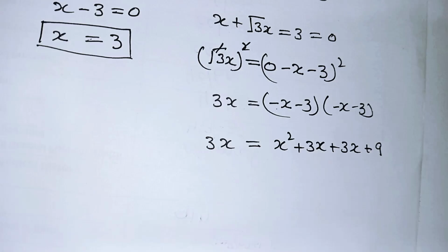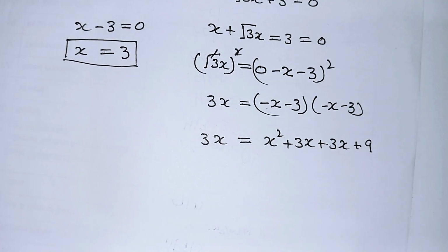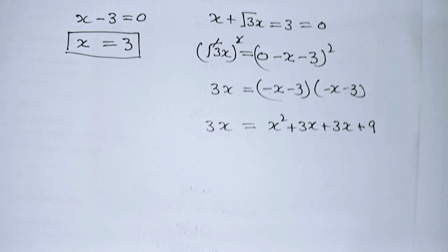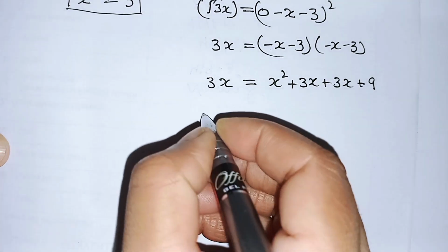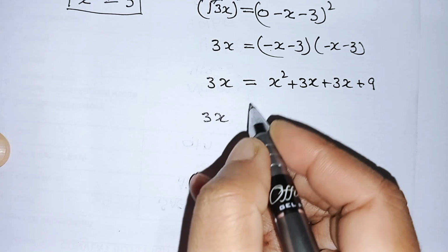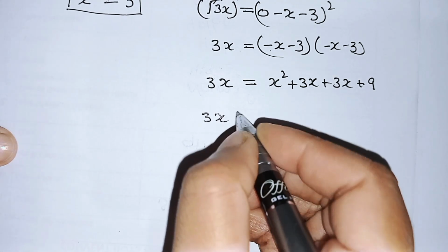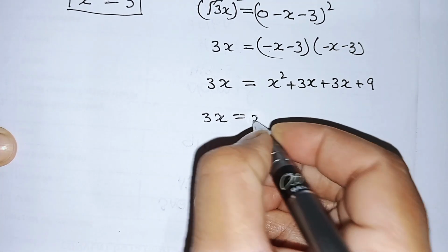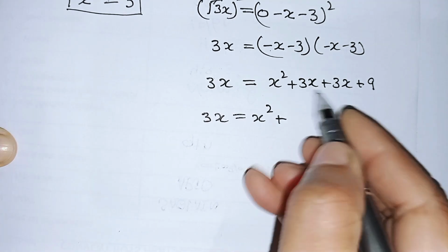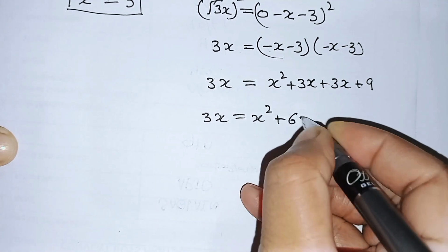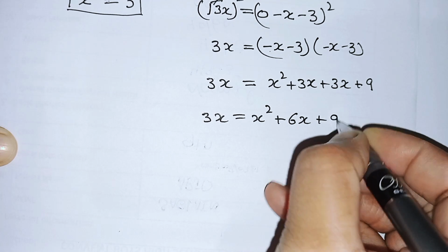So in the other step, 3x is equal to x square plus 3x and 3x added is 6x, plus 9.